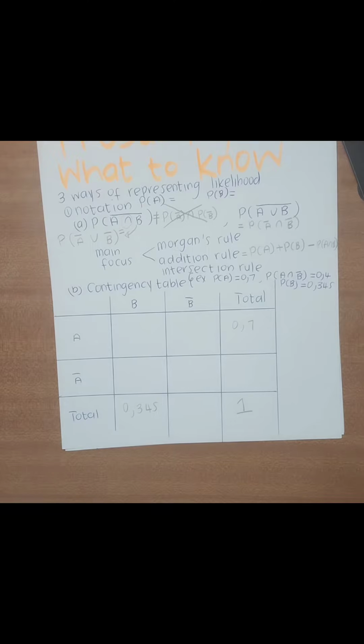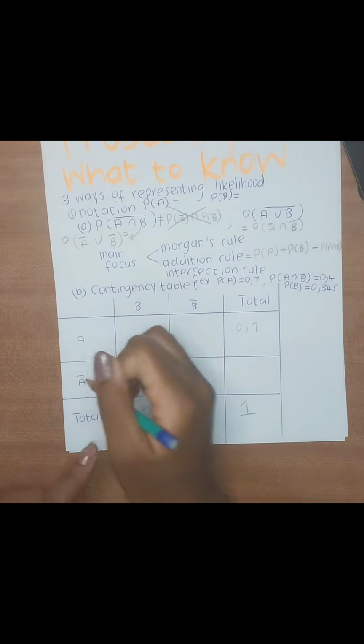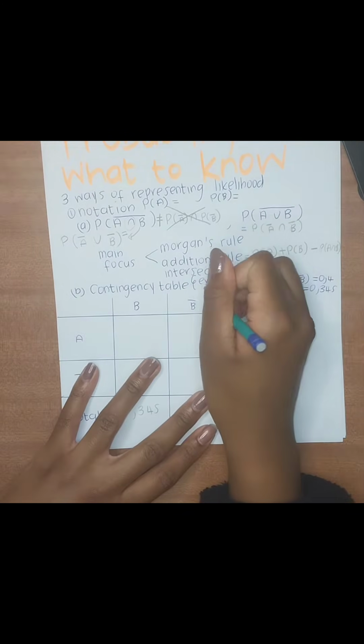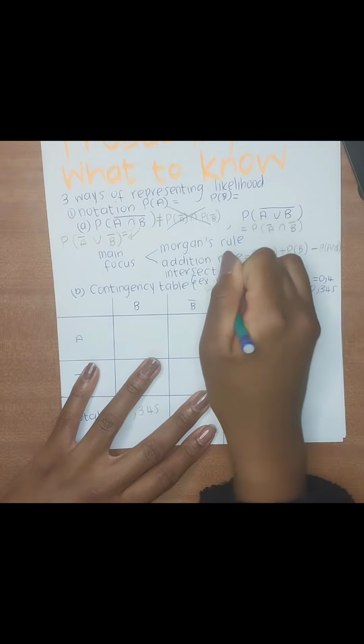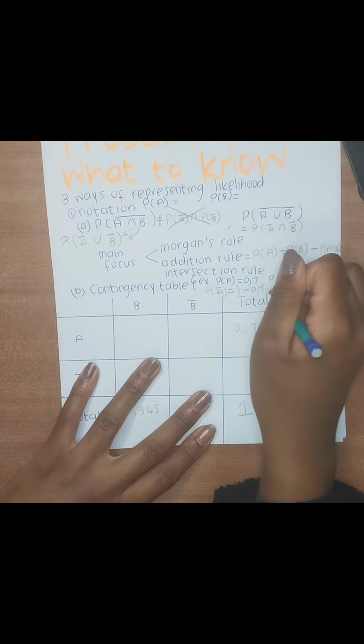Okay, there's another concept that the contingency table shows well. There are also other concepts such as partitioning, but specifically it shows well the concept of complements, right? When something is a complement of another, we say not A, just like here. The complement of one event is 1 minus that event. So the probability of not A, or the complement of A, is going to be 1 minus 0.7, which is 0.3.